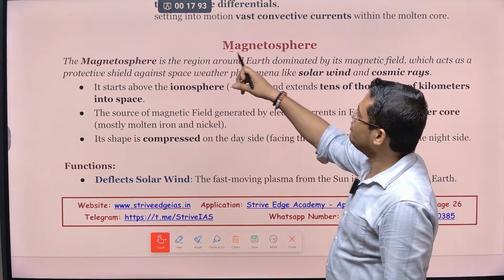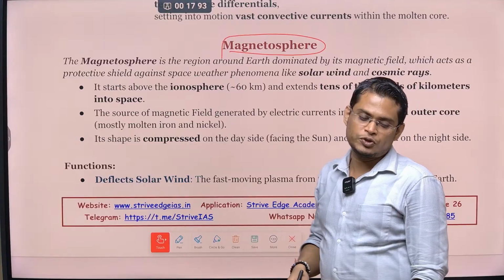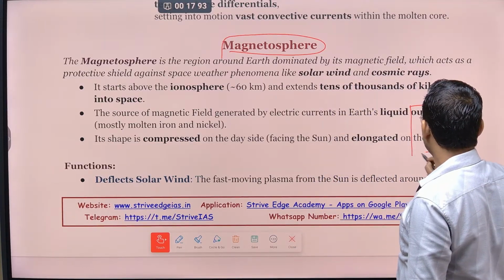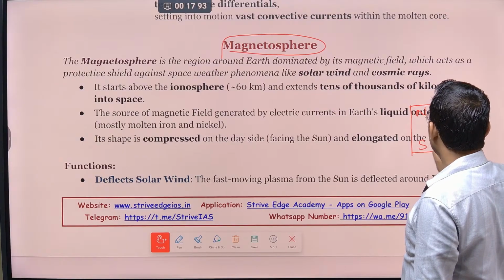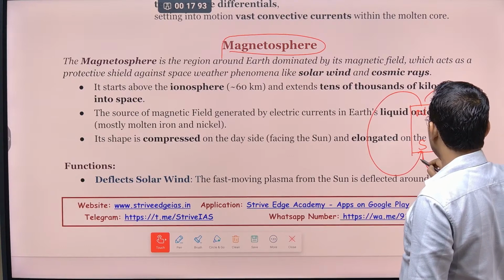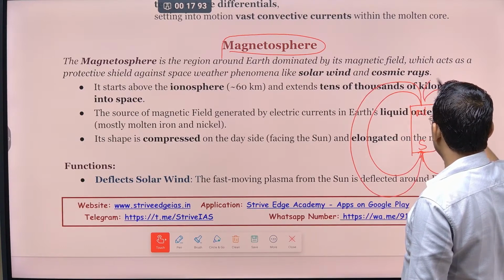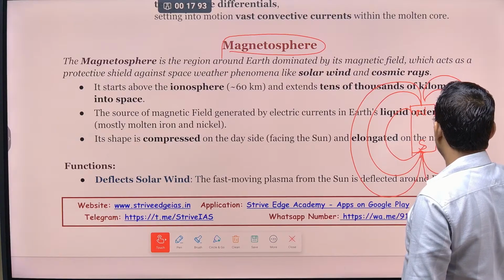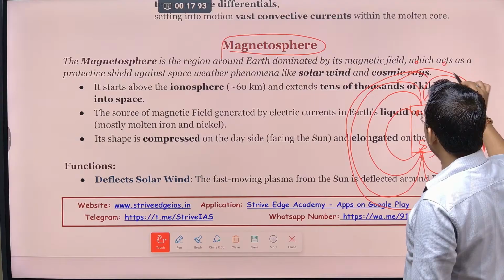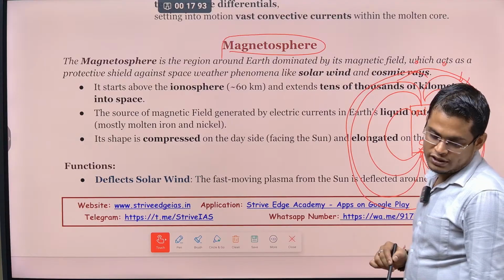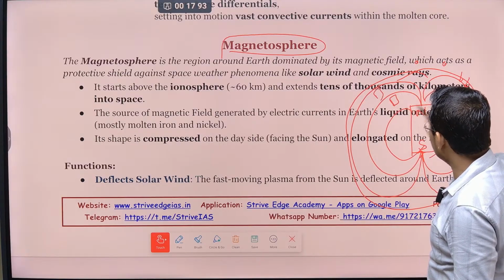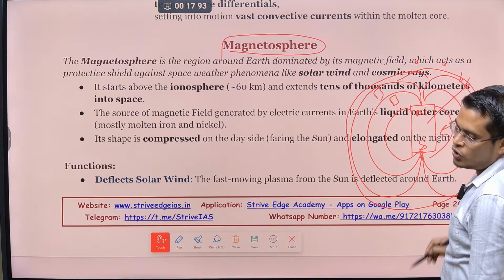So the next important thing that we are going to see is called the magnetosphere. Look, whenever you put a magnet, let's say you place a magnet here with north and south, because of that there will be flux that tries to flow from the north pole towards the south pole. This is the sphere of the magnet. If you bring any iron or any magnetic material within that sphere, it will be pulled towards it.